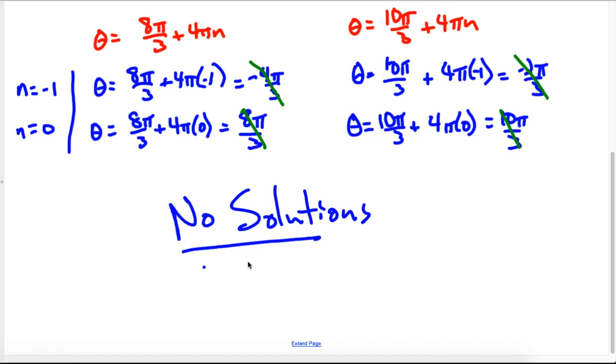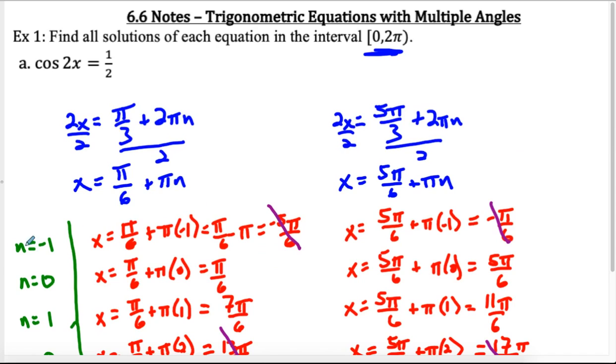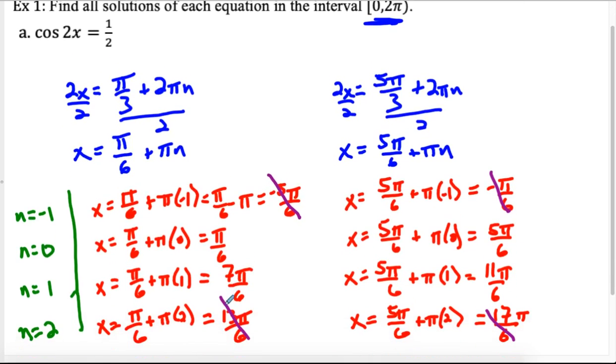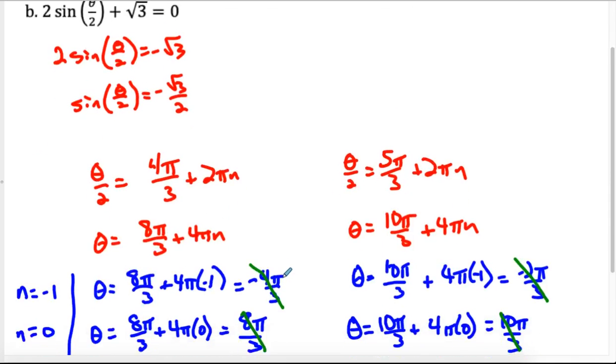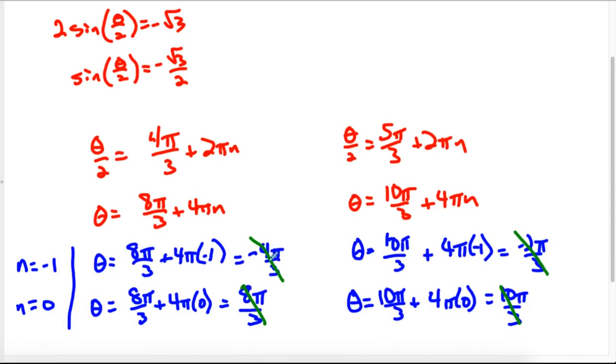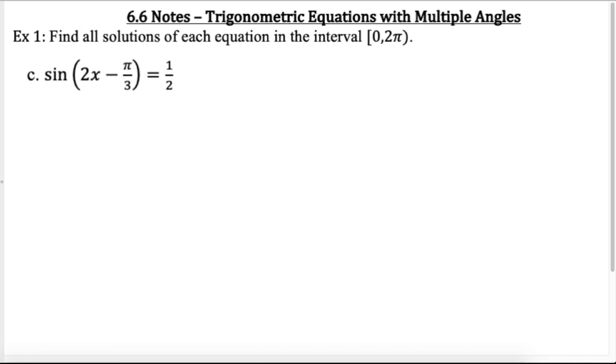So again, we want to find the smallest value of n for which no solutions occur, and then keep going up until we find the greatest value of n for which no solutions occur. Everything in the middle would be a solution. In this case, for example, for our second example, nothing happened in the middle, right? We just had no solutions. Let's try one more here before we do our word problem.